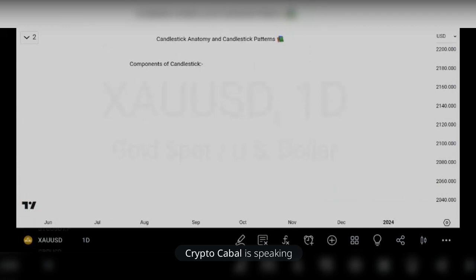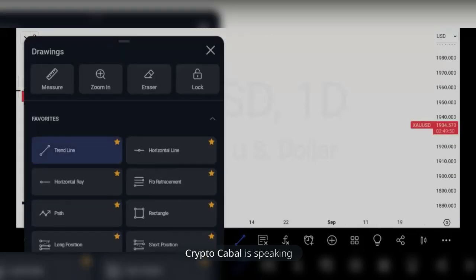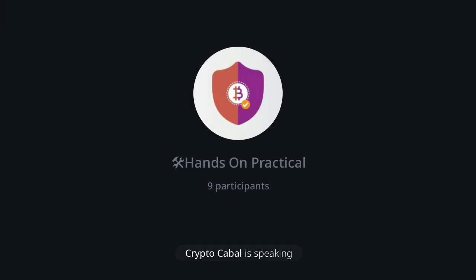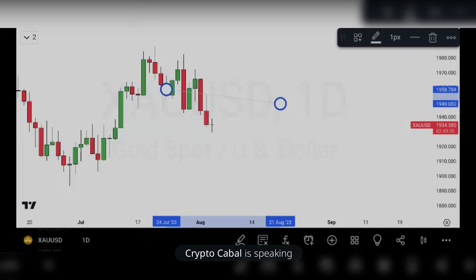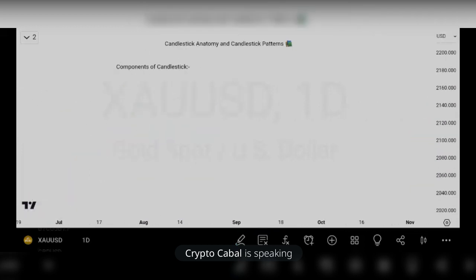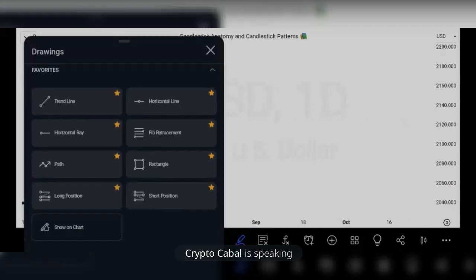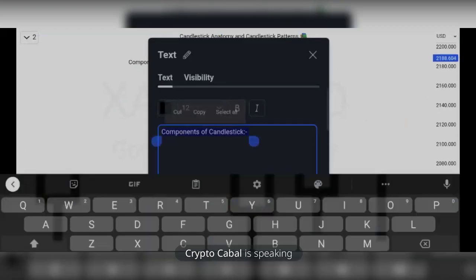This particular candlestick that we are seeing here, this green, red, whatsoever thing we are seeing on my screen now, is the candlestick. And now, what does the candlestick entail? That is when we talk about the components. Now we have two components of the candlestick, which are the body and the wick.